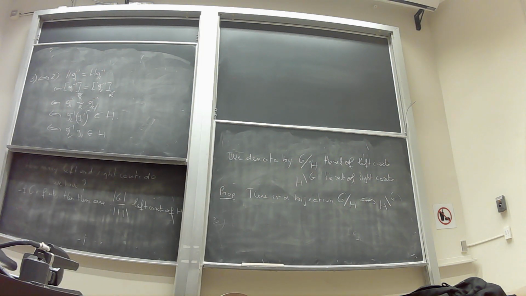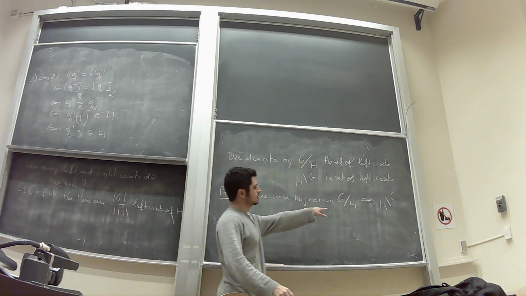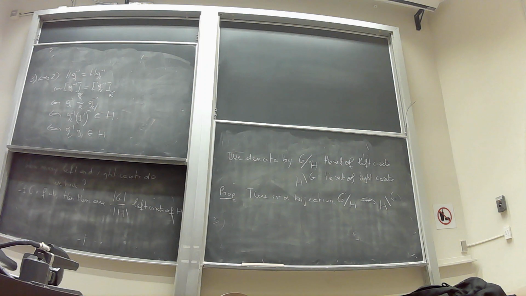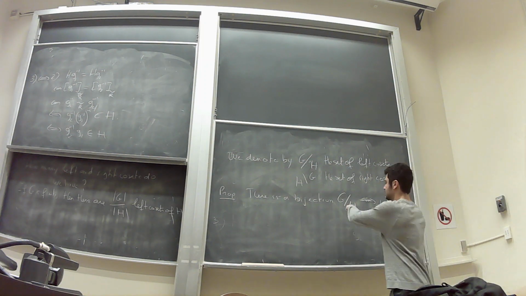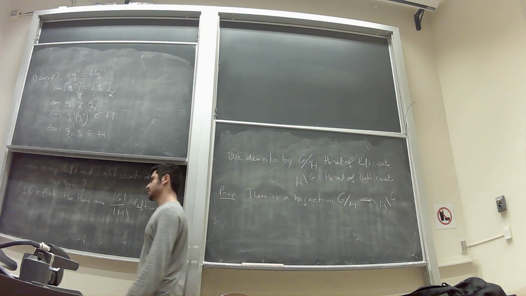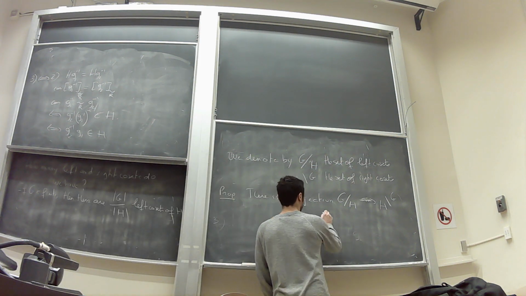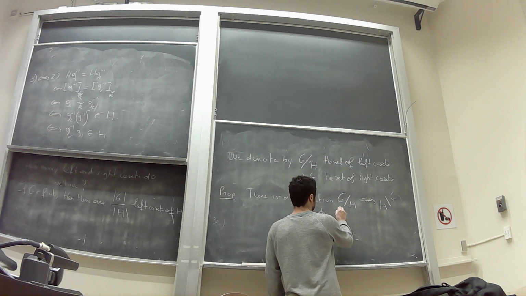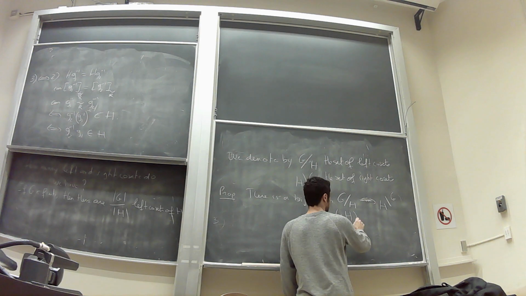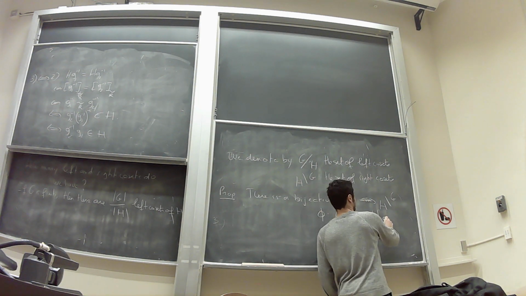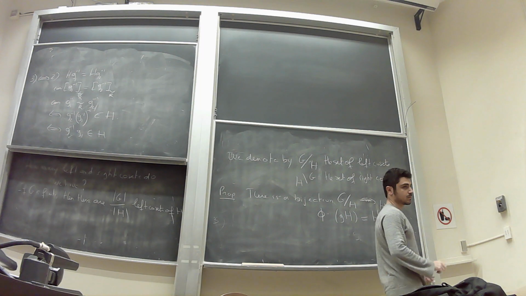G mod H is just the set of left cosets, and G mod H on the right is the set of right cosets. And there is a bijection between these two. I'll call it phi. That sends a coset GH to H G inverse.